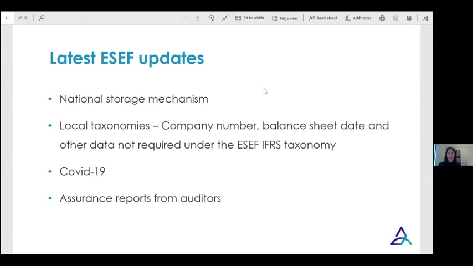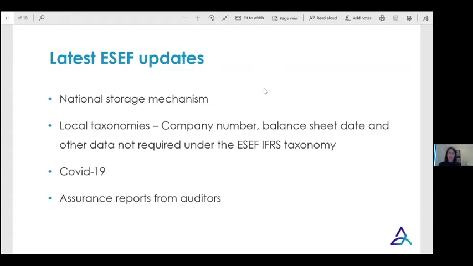There is still a question mark about how the ESEF documents will be filed with Companies House. We are expecting a UK-specific national extension to the ESEF taxonomy to allow us to file with Companies House, because currently Companies House use items such as the company number, the balance sheet date, and those sorts of bits of information to file their financial statements, and they are not things that the current ESEF taxonomy asks for.